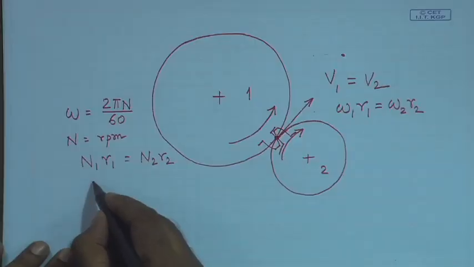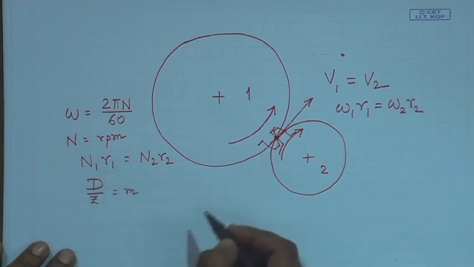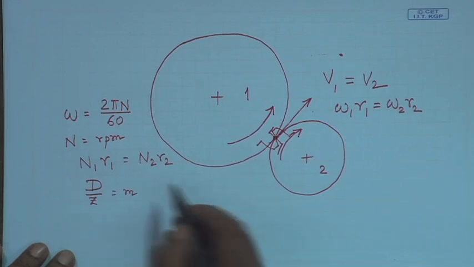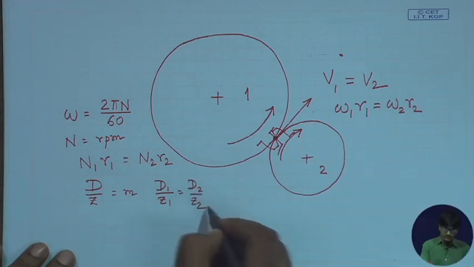We have already established that d by z is equal to module for gears which are meshing with each other. That means, we can write d1 by z1 is equal to d2 by z2.